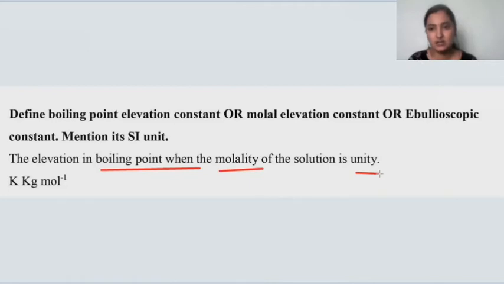When we express the concentration of a solution in terms of molality, if the molality has unit value, then the elevation in boiling point of such a solution is regarded as the boiling point elevation constant, or molal elevation constant, or ebullioscopic constant. Its SI unit is Kelvin kg per mole.